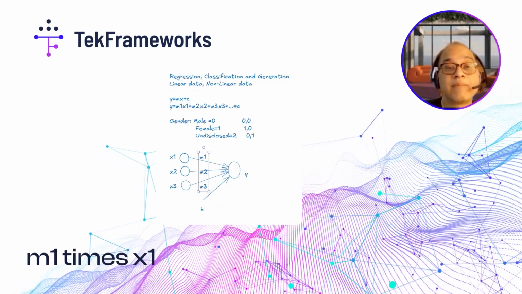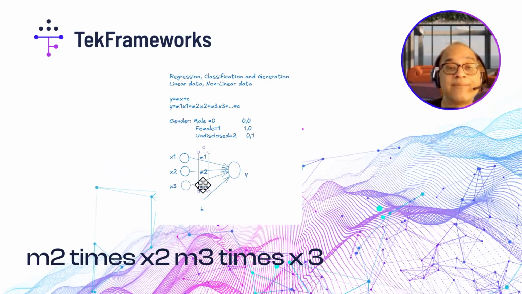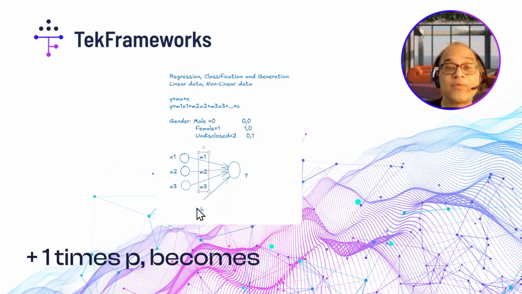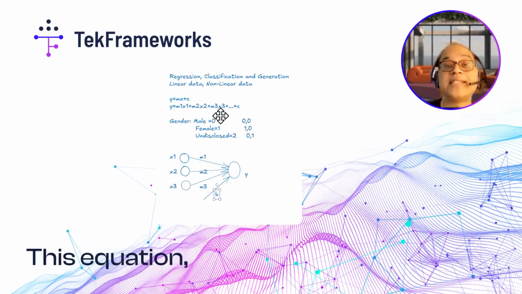M1 times x1, M2 times x2, M3 times x3 plus 1 times B becomes this equation.